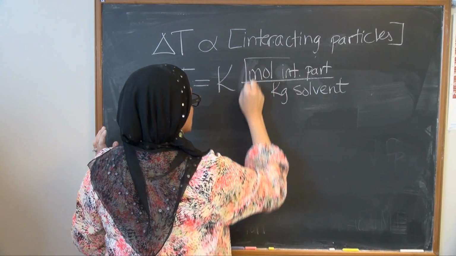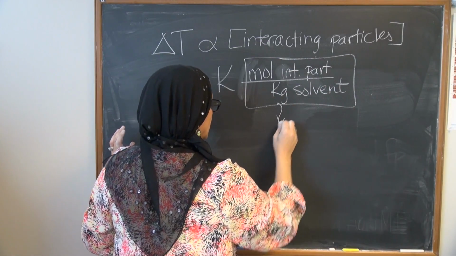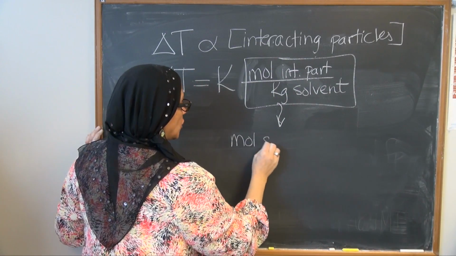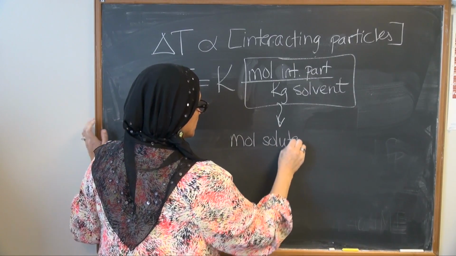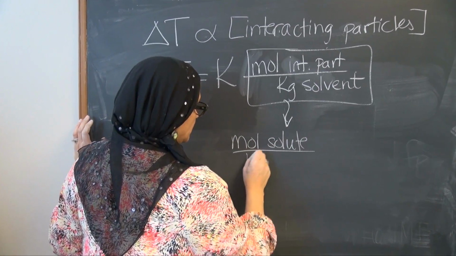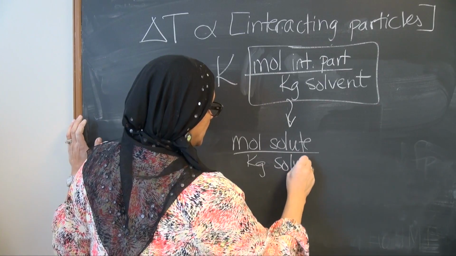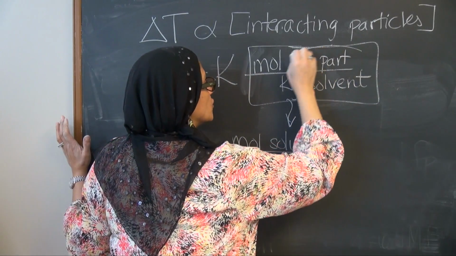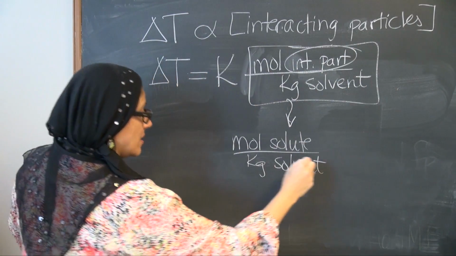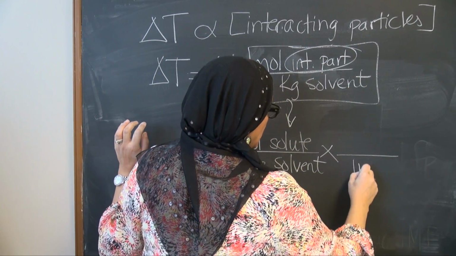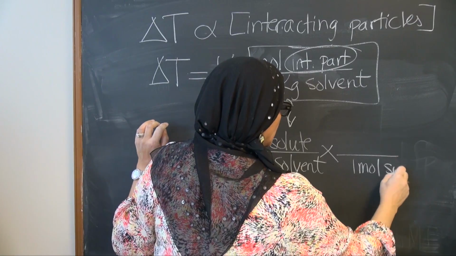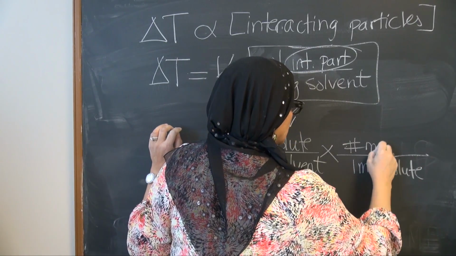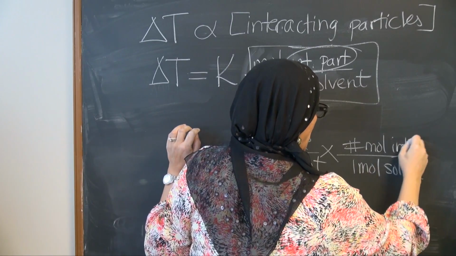Now let's take this apart. Well, molality is moles of solute, not the interacting particles, per kilogram solvent, right? How do we get to the moles of interacting particles? Well, for each mole of solute, you have a certain number of moles of interacting particles.